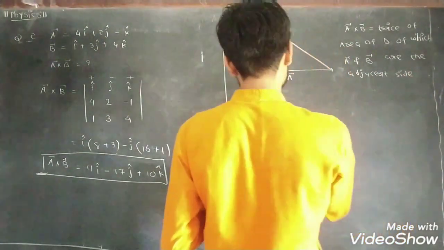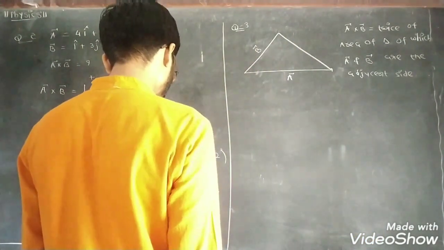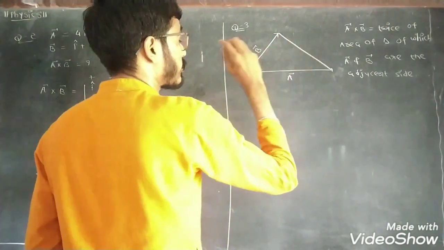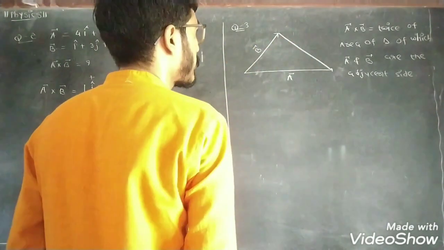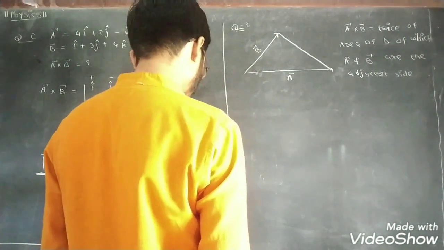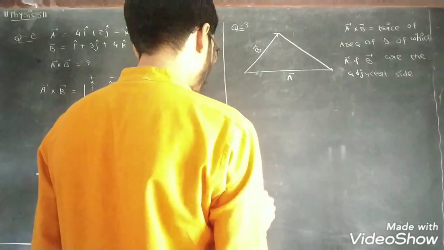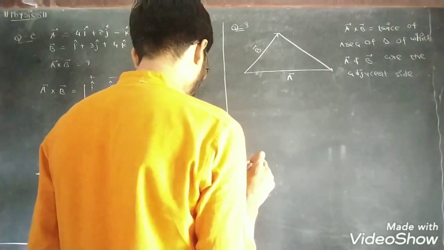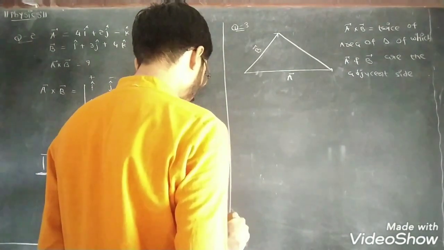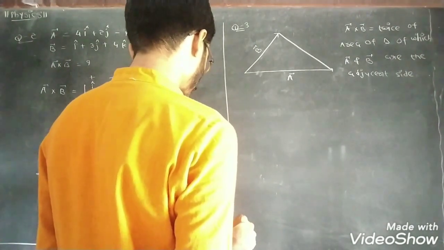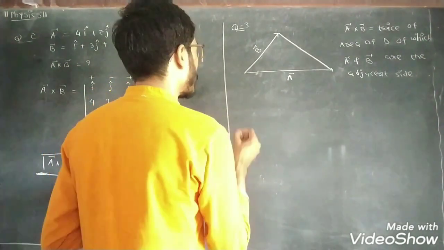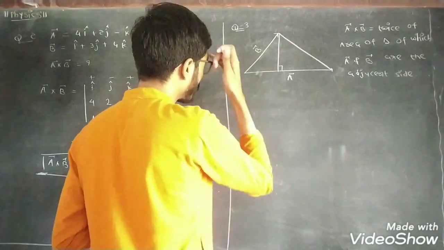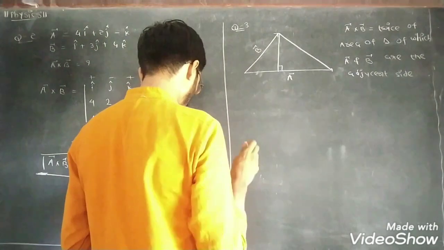So suppose this is vector A and this is vector B. We have to prove that the vector product of A and B, meaning A cross B, is equal to twice the area of a triangle of which vector A and vector B are the adjacent sides. So for the area of the triangle, this is normal, because the angle is 90 degrees.